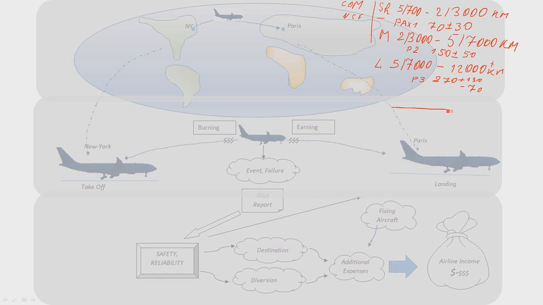Let me take here some scale, and let's take the aircraft from the short range category. Here is 1,000, here is 2,000, here is 3,000 kilometers, and here is 500 kilometers. Here is 0.